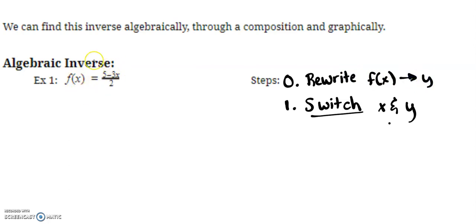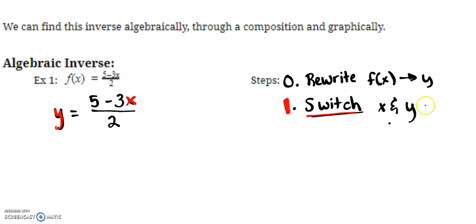So if it makes it a little easier for you, I'm going to rewrite this example problem as y equals 5 minus 3x divided by 2. Okay, and so when I go to switch, there's that word, switch. I'm going to switch the letter y and the letter x, and that's it.